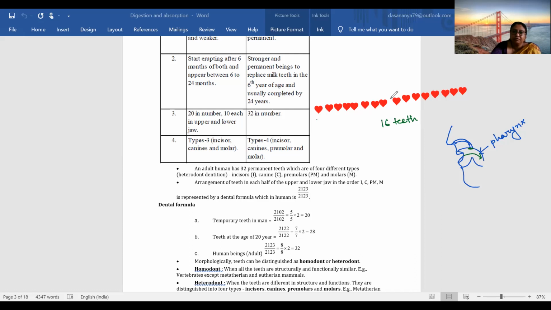So out of these 16, I am going to represent only these 8 in the dental formula.